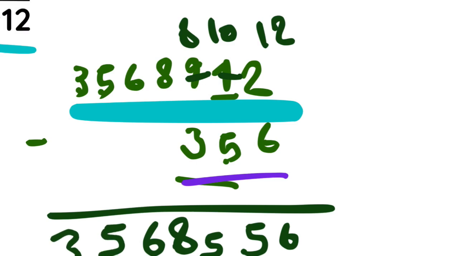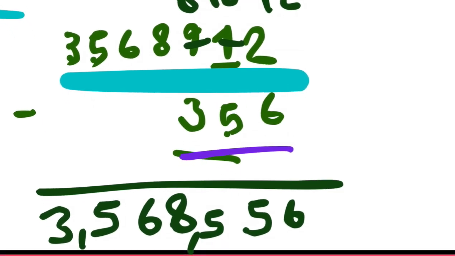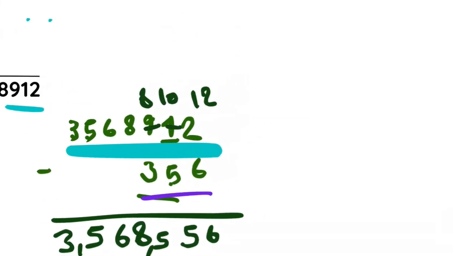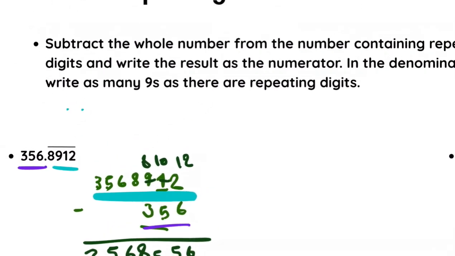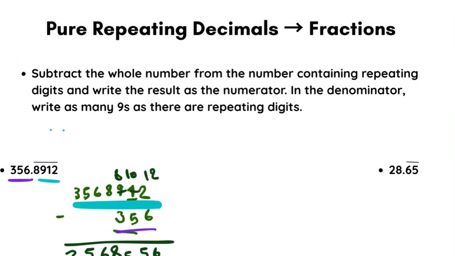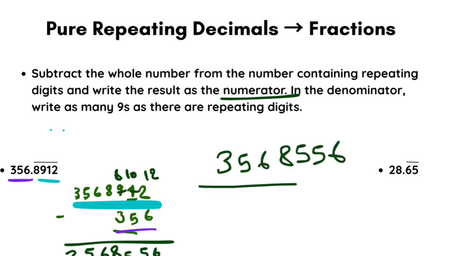So we have 3,568,556 this time. Let me separate them by this symbol. And this is our answer, so this will be our, guess what? Our numerator, exactly. So this is our numerator.